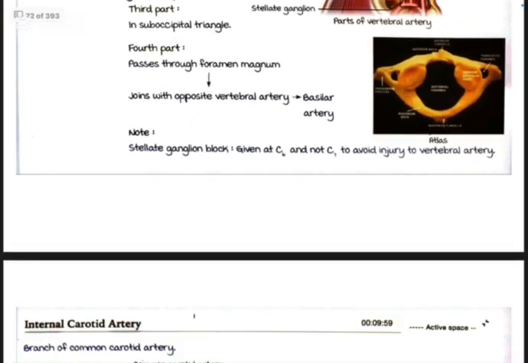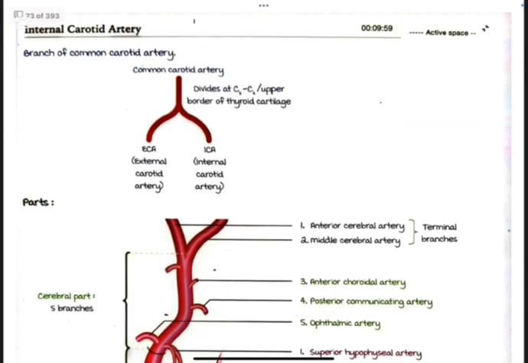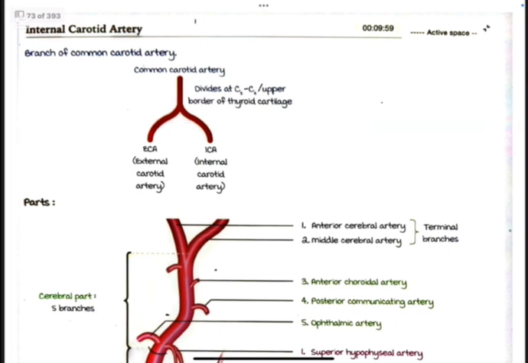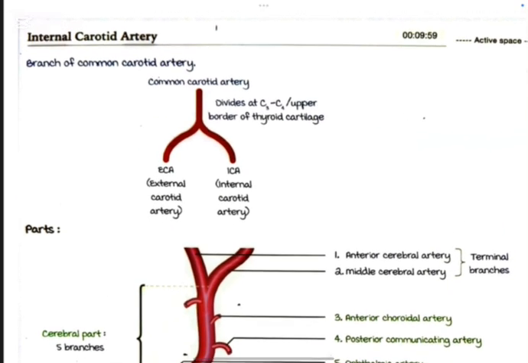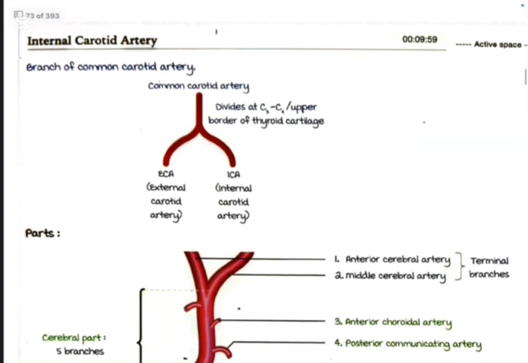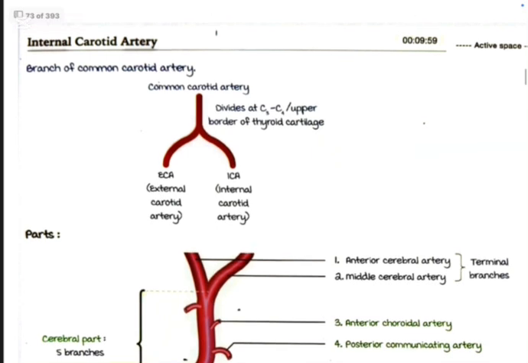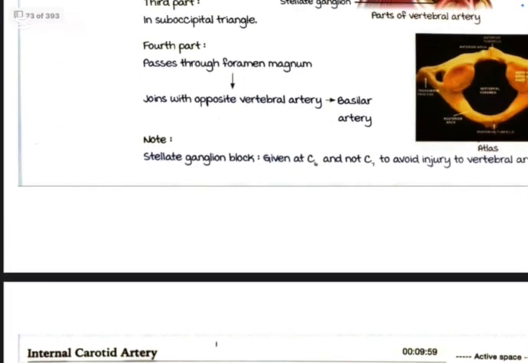Atlas. Internal carotid artery. Branch of common carotid artery. Common carotid artery divides at C3, C4, upper border of thyroid cartilage, into external carotid and internal carotid.